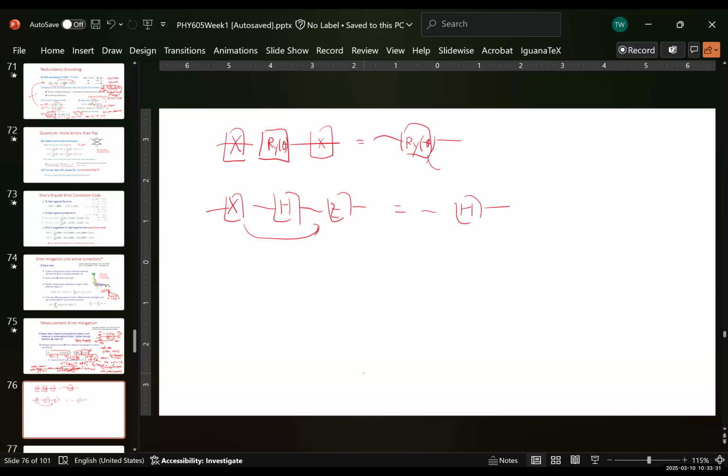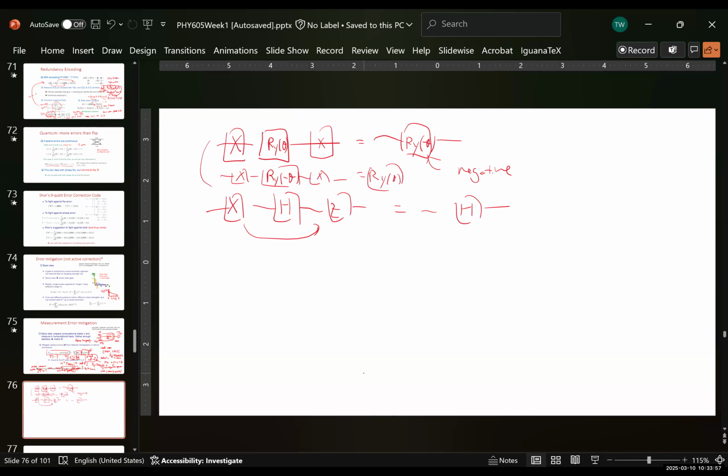But here there's a negative angle, so it's not the same. But I may apply, instead of this, the negative angle and then do the X to move it back to Ry. So you could do that.